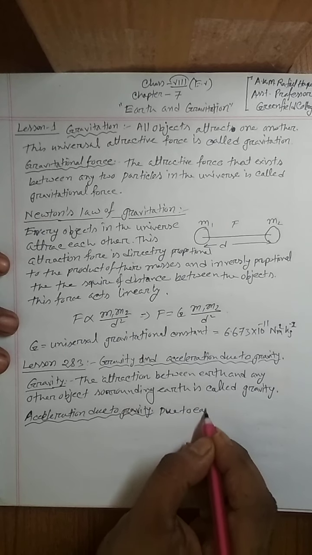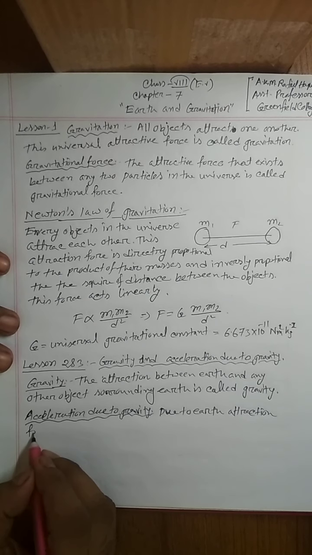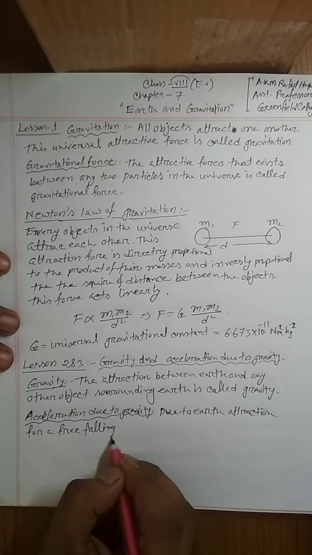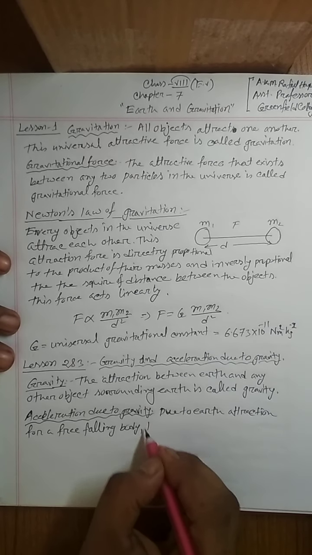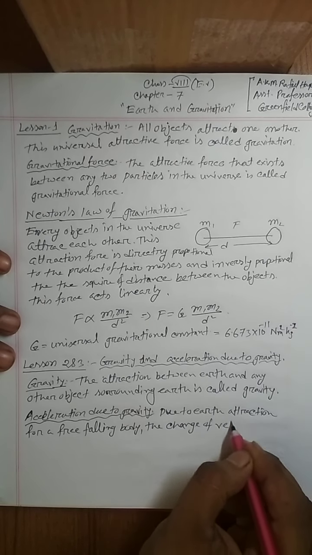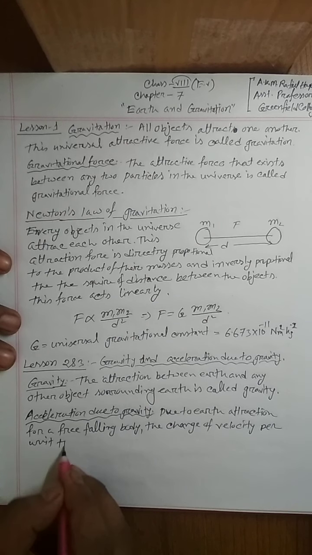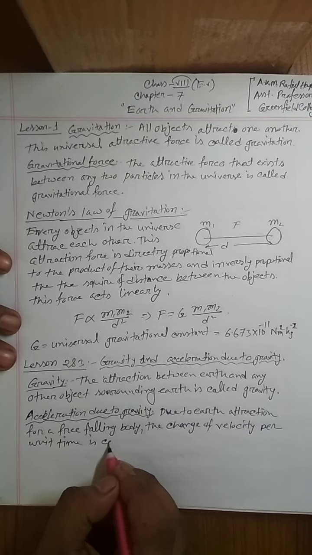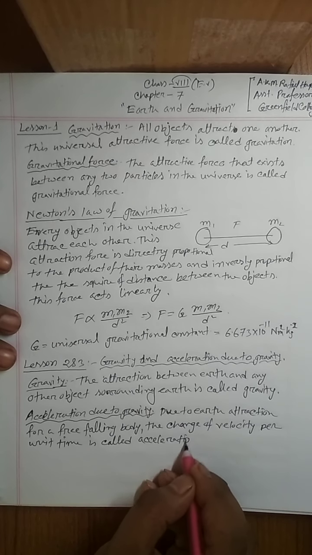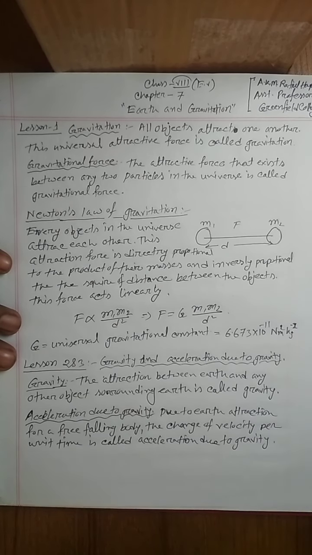Acceleration due to gravity due to Earth: for a freely falling body, the change of velocity per unit time is called acceleration due to gravity.